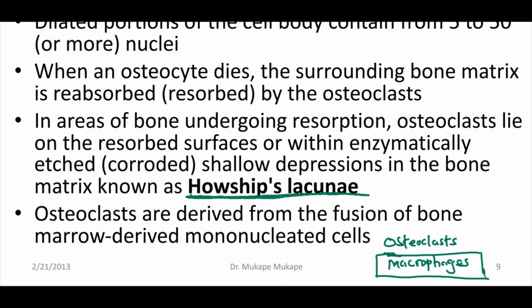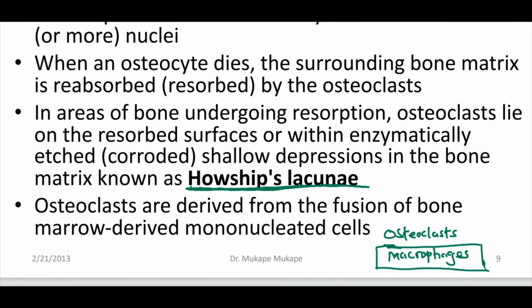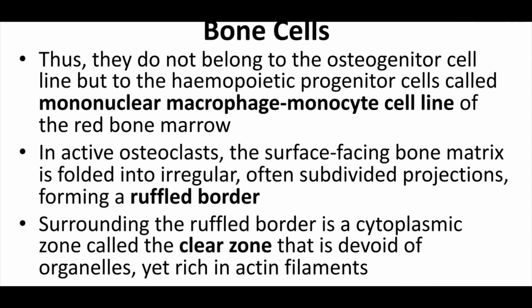Remember this, because it's very important. Thus, they do not belong to the osteogenic cell line, but to the hematopoietic progenitor cells called the mononuclear macrophage monocyte cell line of the bone.